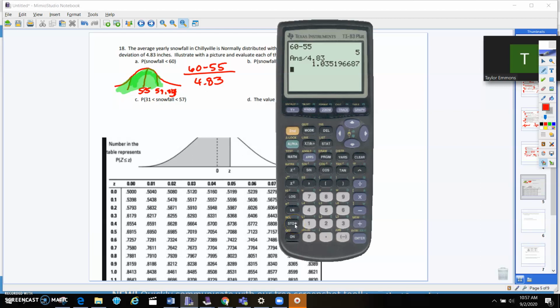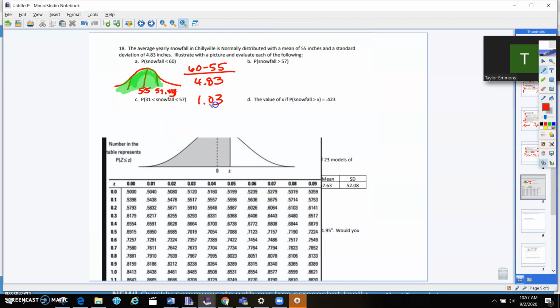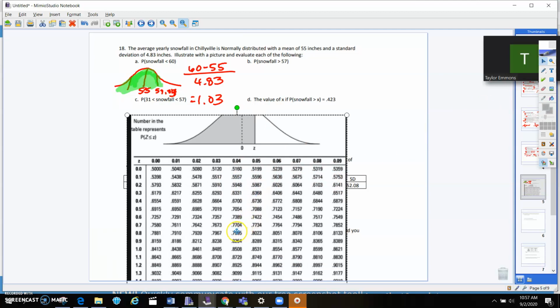Then I'm going to take 1.03 and go into my z-score table. I've taken this one from the internet. You can pull up a z-score table, just make sure it's the positive one. I'm going to go down to 1.0 and then over to 0.003, which is 0.8485. So this has an 84.85% chance of happening.